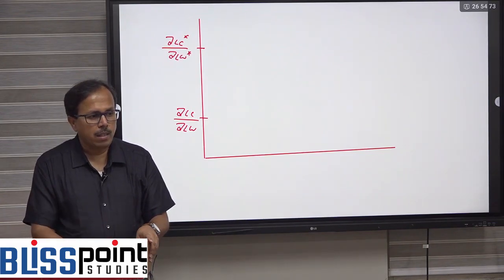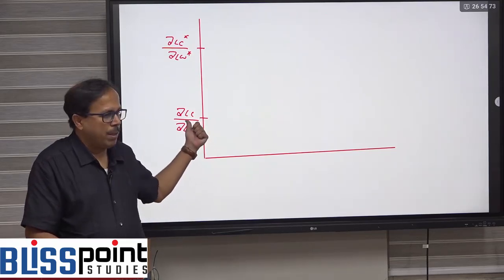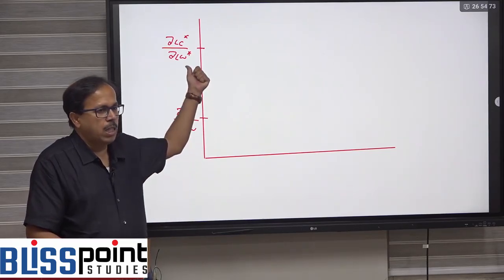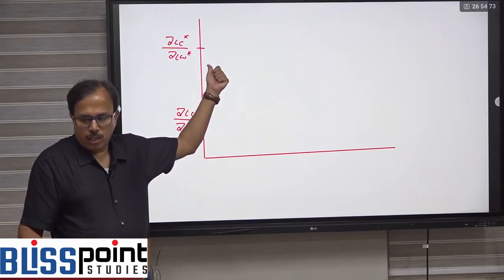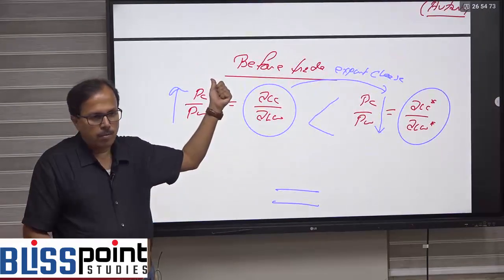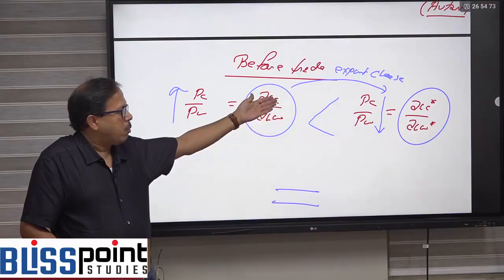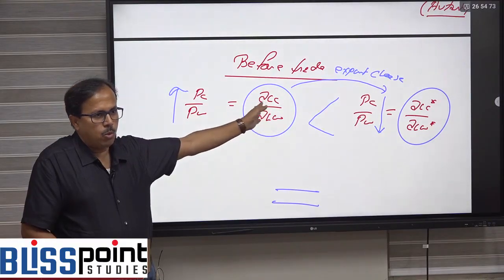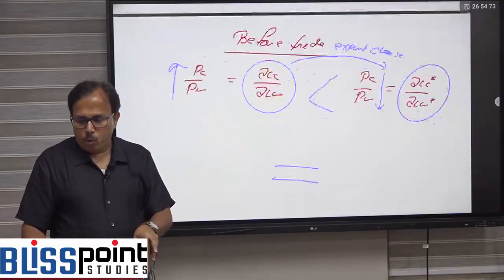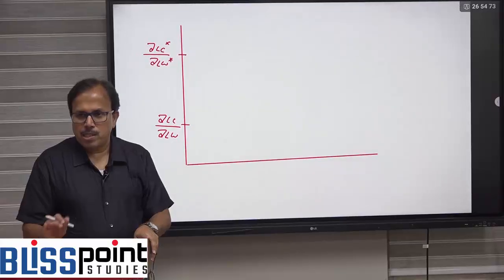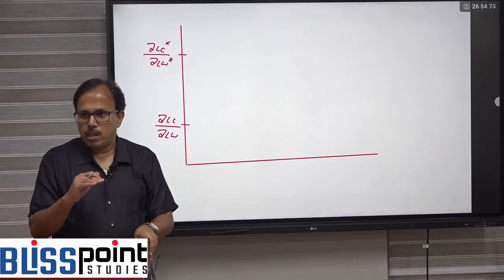So before trade, in the home country price will be this, in the foreign country price will be this. You take this information from here: PC by PW in the home country will be this, in the foreign country this number, but these two numbers are different. So before trade, the home country price is lower and the foreign country price is higher.